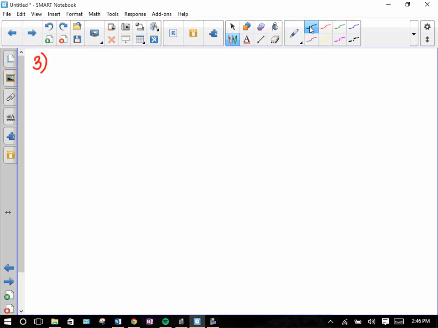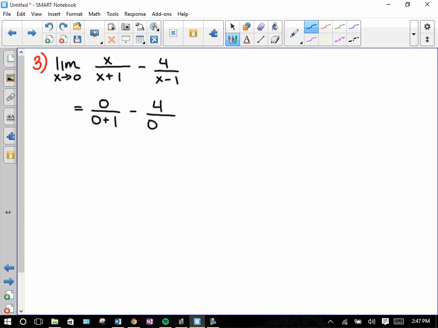Okay. This one says the limit as x approaches 0 of x divided by x plus 1 minus 4 divided by x minus 1. What's the first thing that we should always do? Plug in 0. If I plug 0 in, I'm going to get 0 over 0 plus 1 minus 4 divided by 0 minus 1.